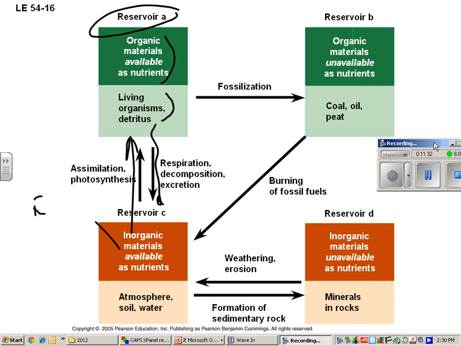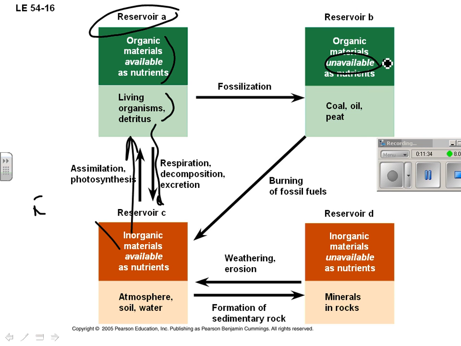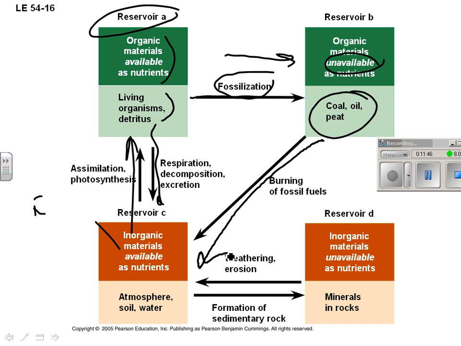Reservoir B is organic materials unavailable as nutrients. So after organisms die and they get fossilized and they get compressed over time, we get coal, oil, peat, things like that. If we burn fossil fuels, we add to the available reservoir C. Then there's reservoir D, inorganic materials unavailable as nutrients.